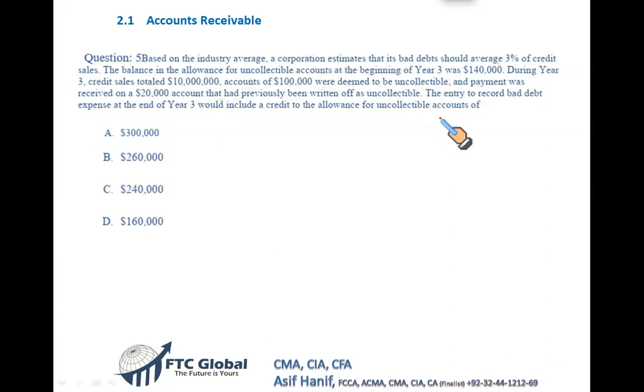Now, let's say it's the balance sheet approach, what would you do? We should be given the balance of our account receivable. It says allowance is 140, right? So what happens, gentlemen? When a customer is written off, the entry we make is to debit the allowance and credit the customer, which means this 100,000 will be deducted from allowance.